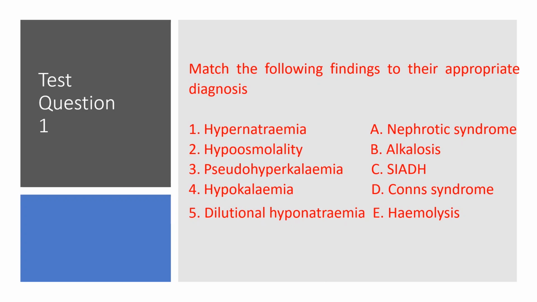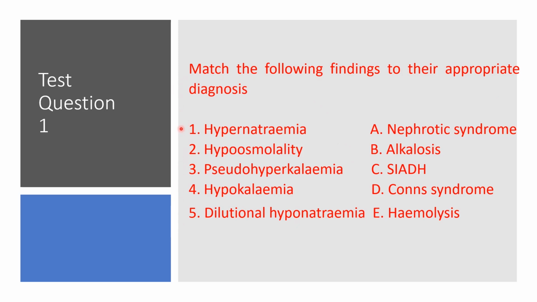I have a couple of questions here. Question 1 says, match the following findings to their appropriate diagnosis. What you are expected to do is to pick each item listed 1 to 5 and find the corresponding item listed A to E that matches.